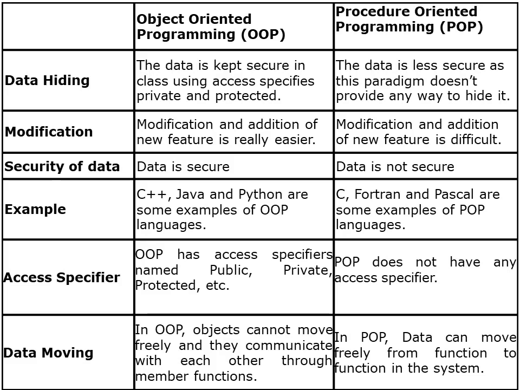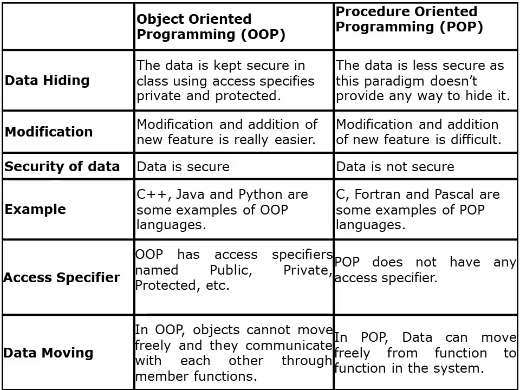In object-oriented programming, data is hidden and so data is secured from the outside world, whereas in procedure-oriented programming, data flows freely around the system and can be modified by any function. Hence, the data is not secured.